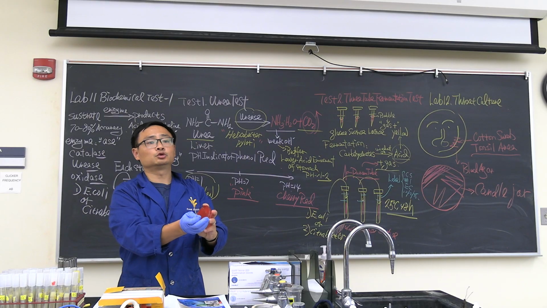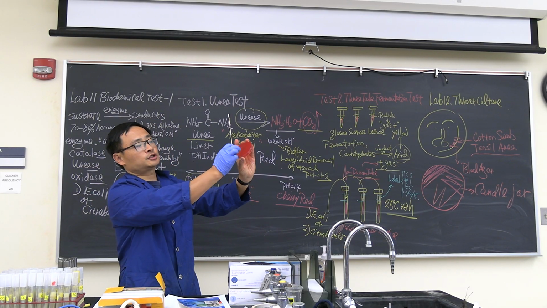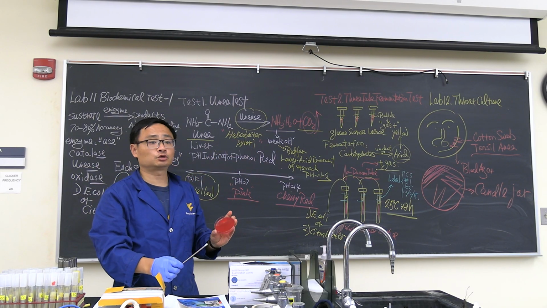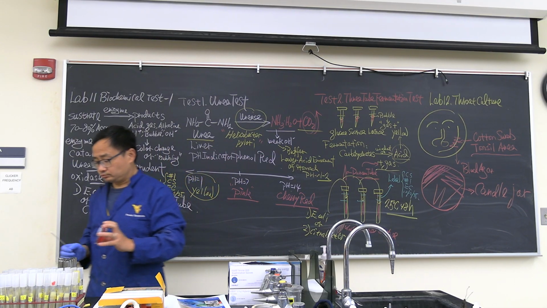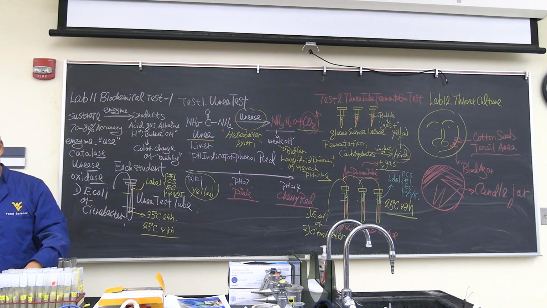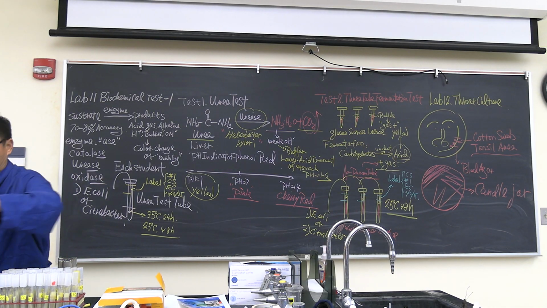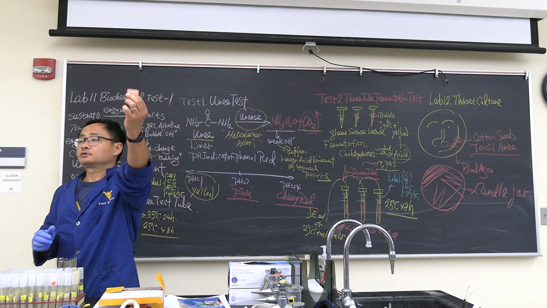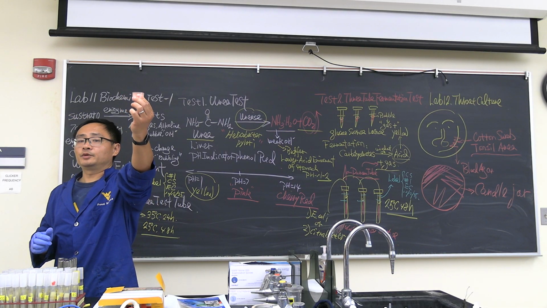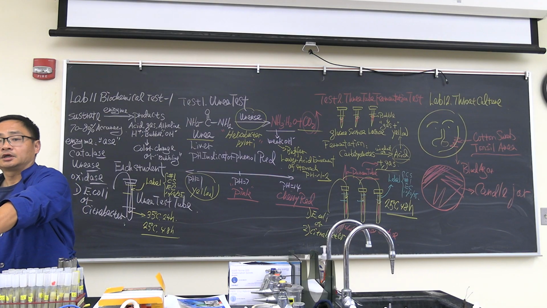Then using the loop do the second streak, and then the third streak. And then flip it over and put it here. The candle will be flaming and put on the top of the jar.